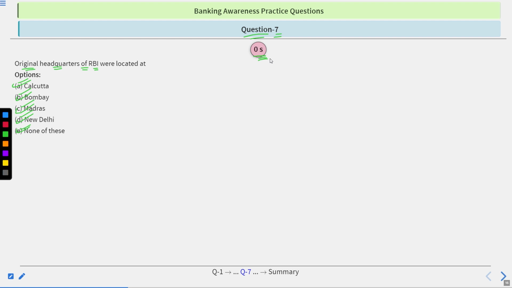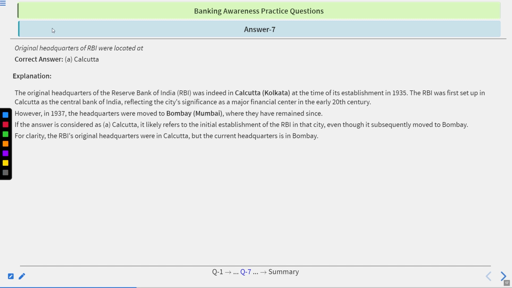Okay, the time's up. So the correct answer, the original headquarters of RBI were located at Kolkata. If we go by the explanations, the original headquarters of the Reserve Bank of India was indeed in Kolkata at the time of establishment in 1935. When Britishers established the Reserve Bank of India as the central bank, the original headquarters were made at Kolkata in 1935.